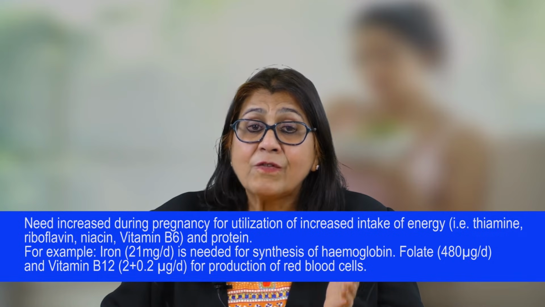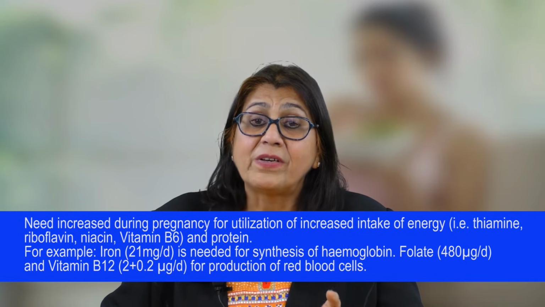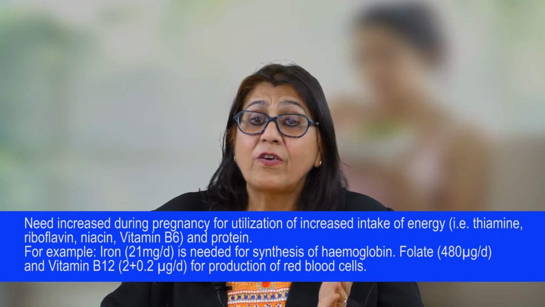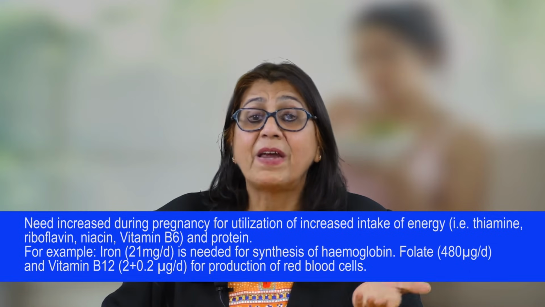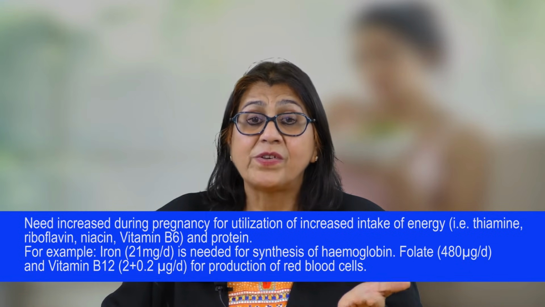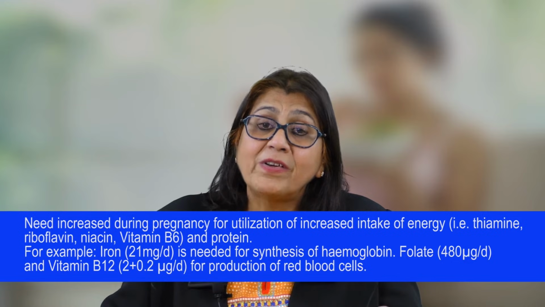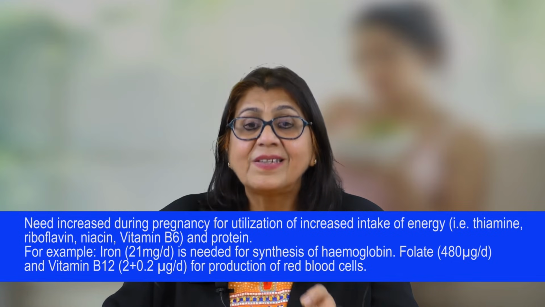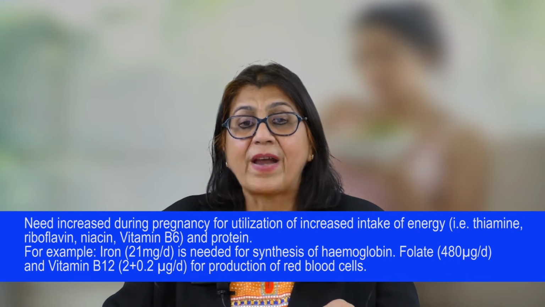Likewise, vitamin B12, the requirement increases. So for folate, the requirement goes up to about 480 micrograms during pregnancy. For vitamin B12, the normal requirement is 2 micrograms plus an addition of 0.2 microgram.